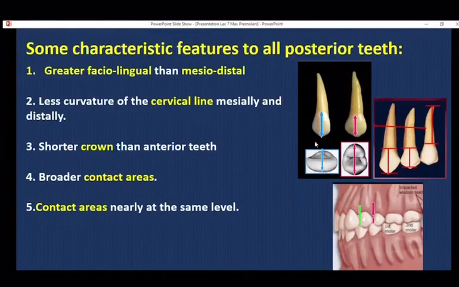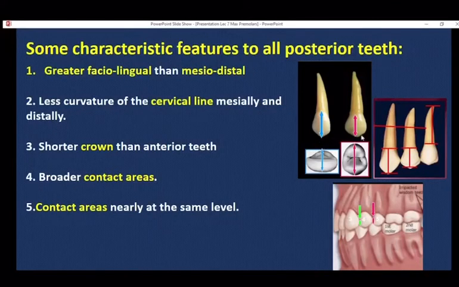The facio-lingual dimension of all posterior teeth is always more than the mesiodistal dimension, not like the anterior teeth, where the mesiodistal dimension is more than the facio-lingual dimension.